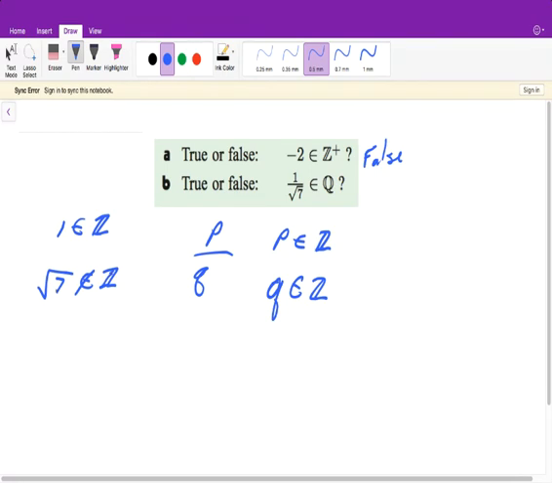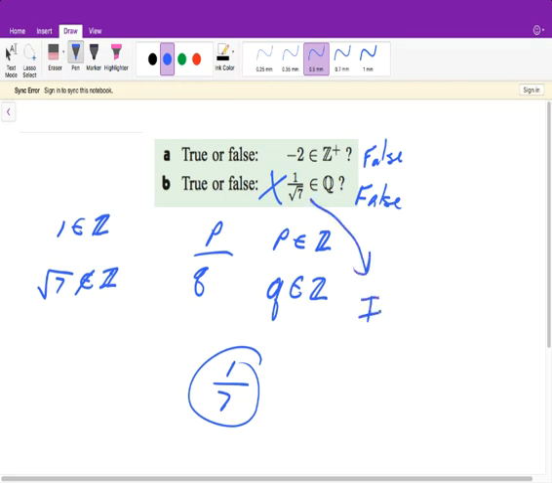So since the square root of 7 is not an integer, this is not a rational number. So this one would be false as well, right? It would have to be 1 over 7 would be rational, but since it's the square root of 7, that is actually an irrational number.